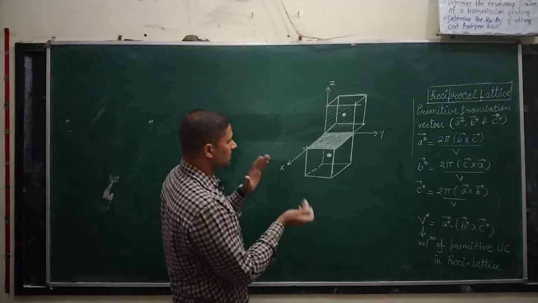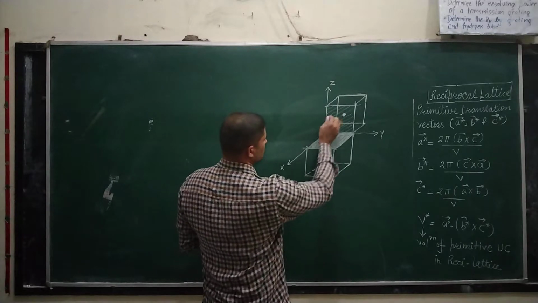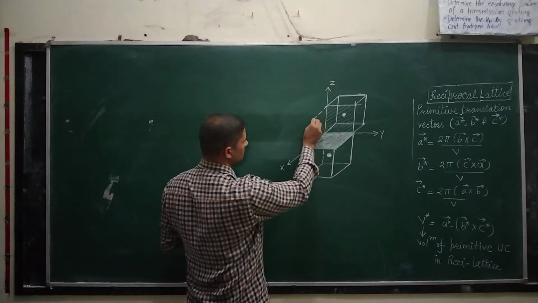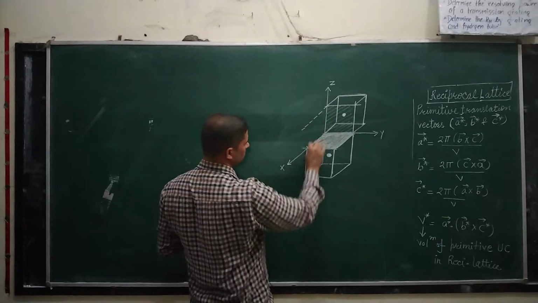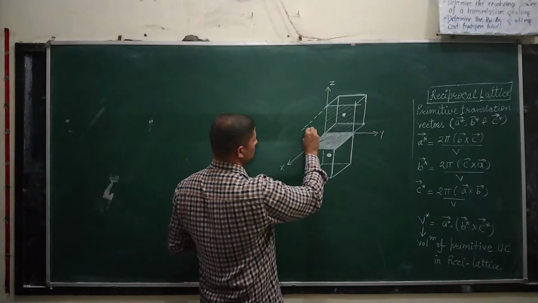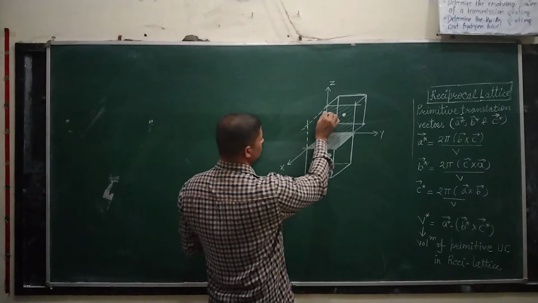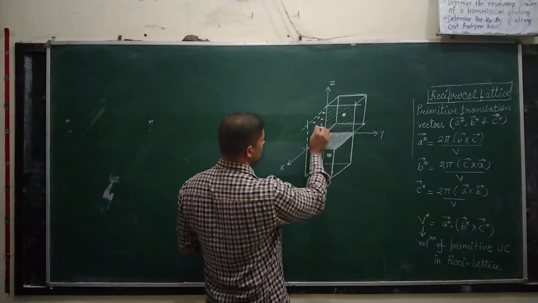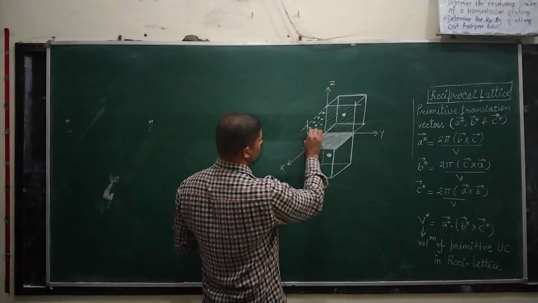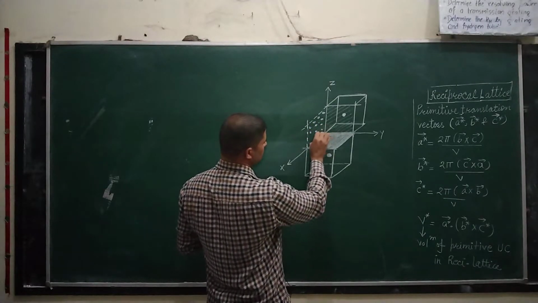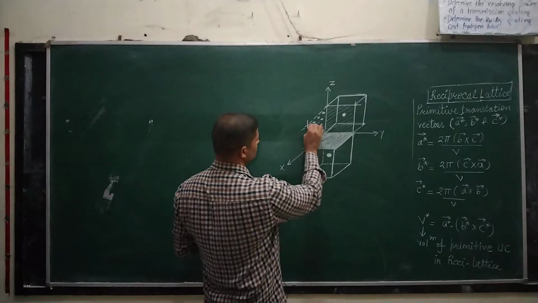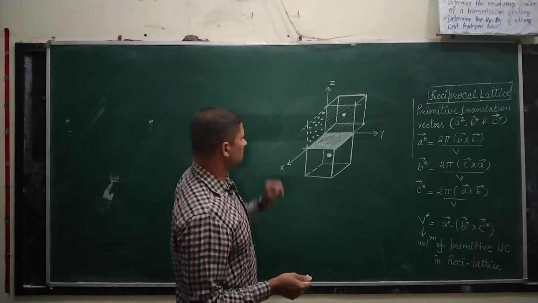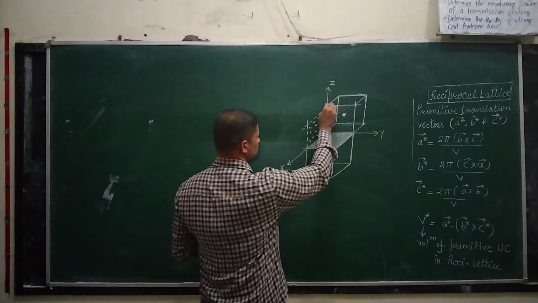Now I will make another face in the XZ plane. So here is the plane. Okay, this is the plane and I am representing it by dots. I do not have colorful chalk, so I am using a different type of design in this face.